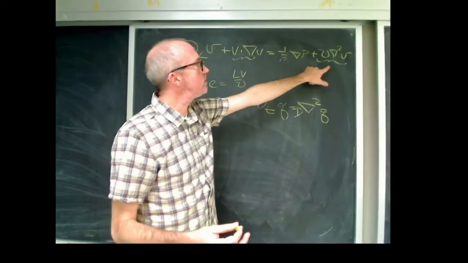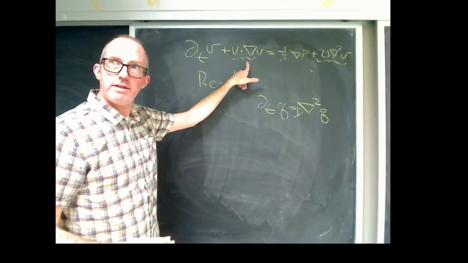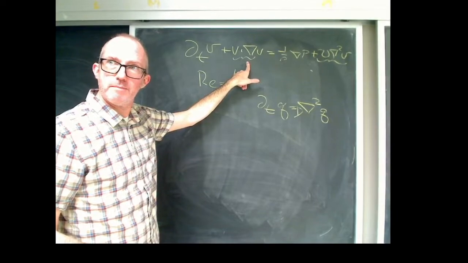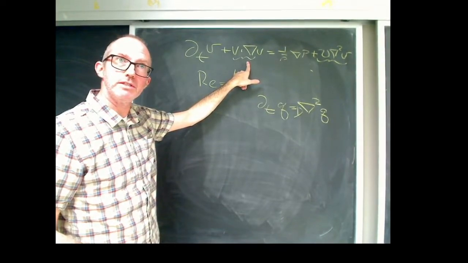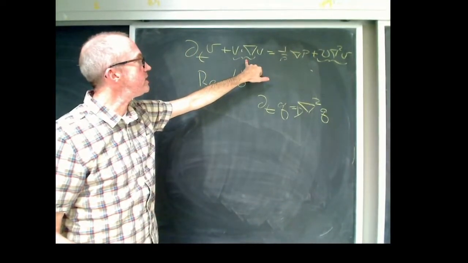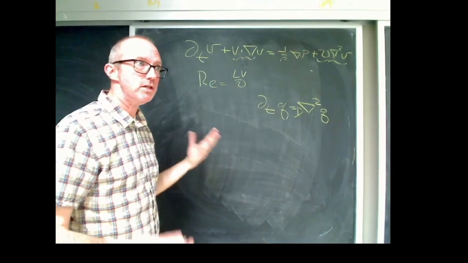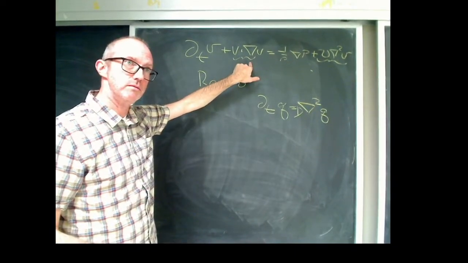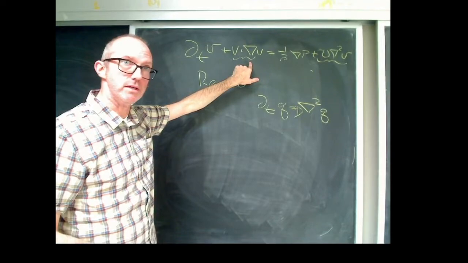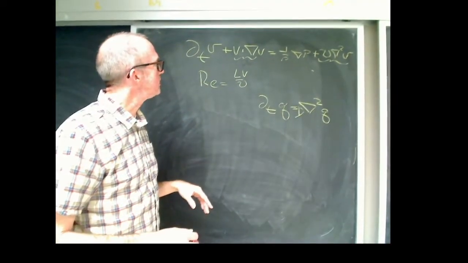So this guy smears stuff out, and this guy makes stuff blow up. We saw this blow up when we did method of characteristics on Burgers' equation. Burgers' equation is when I throw these things out, and we're left with just this one. This one makes things blow up. So we have these two competing terms, one that causes velocities to get very large, and one that causes them to get smeared out and get smaller again.